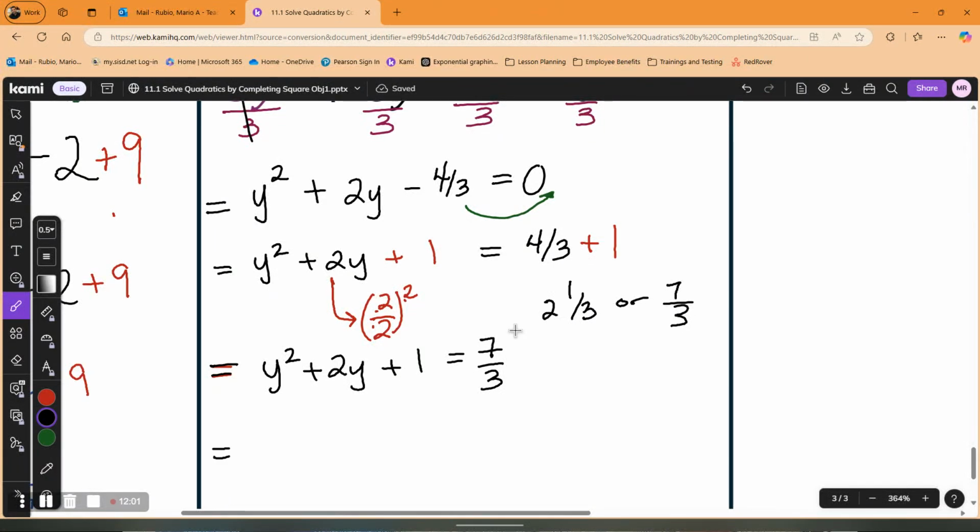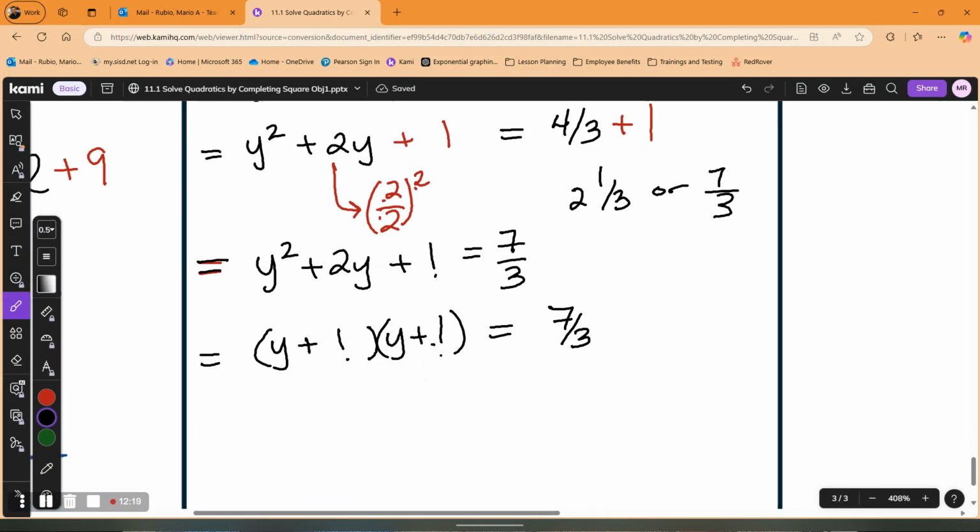Now we're going to factor the left side. We've got y plus 1 plus 1. 1 times 1 is 1. 1 plus 1 is 2. This is a y.